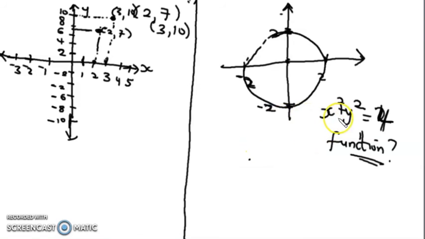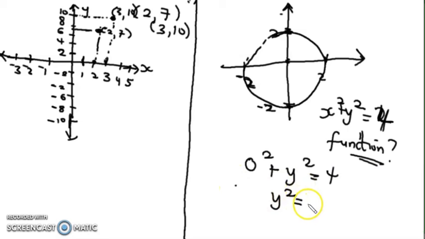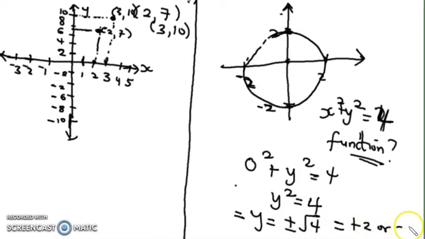When x is equal to 0, we get 0 squared plus y squared, which is equal to 4. y squared is equal to 4. y is equal to the positive or negative square root of 4, which is equal to positive or negative 2. This right over here is positive 2, and that right over there is negative 2.